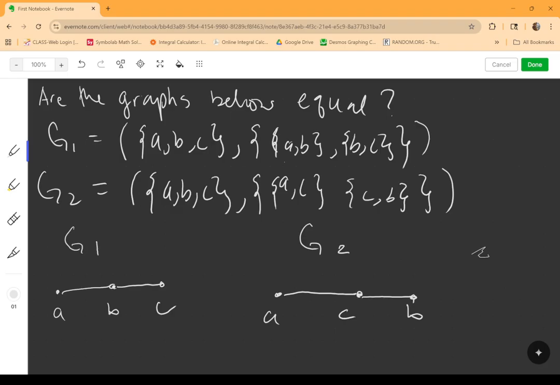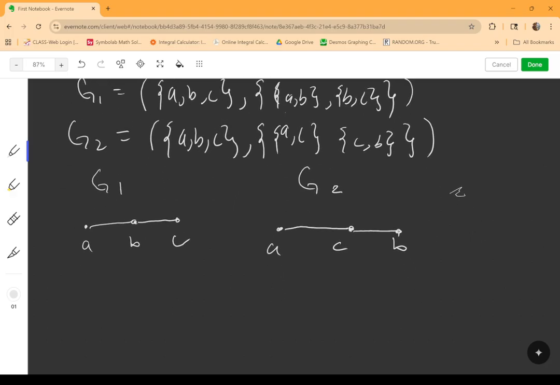We could say that they're not equal in the sense that we don't have edge AB here, we have AC, here we have BC, and here we have CB. So that one edge they don't have in common. But visually, this looks very similar, except really for the naming of the vertices.